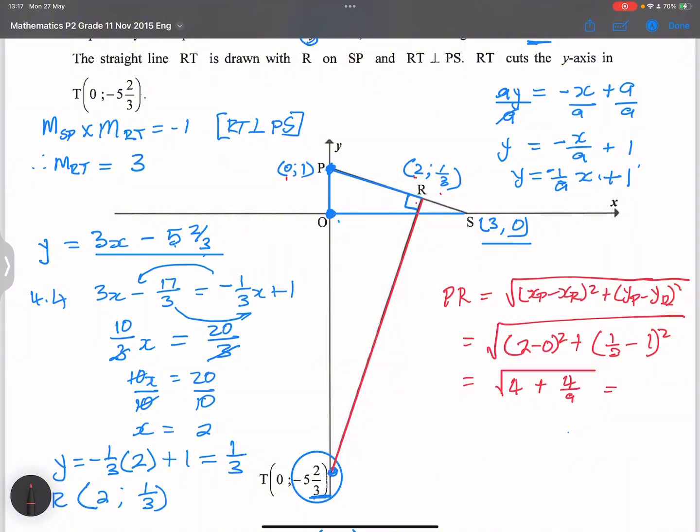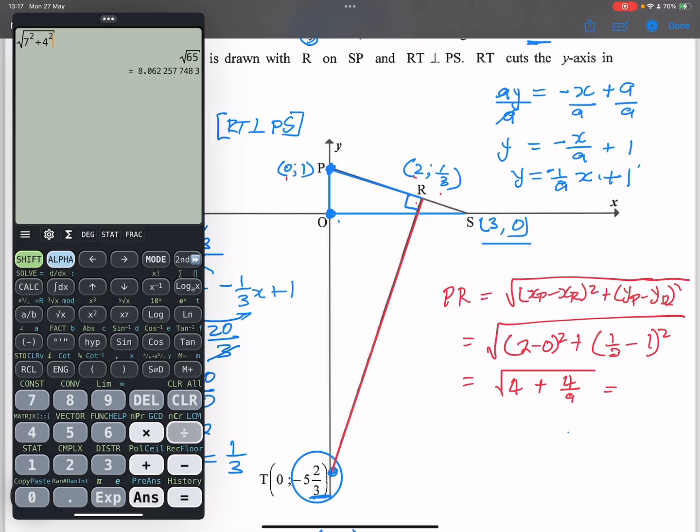So let's get that quickly. 4 plus 4 over 9 is 40 over 9. If we take the square root of that answer, that gives us 2 square root of 10 over 3.